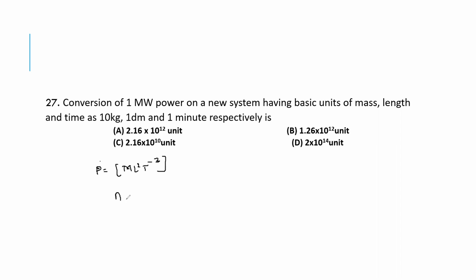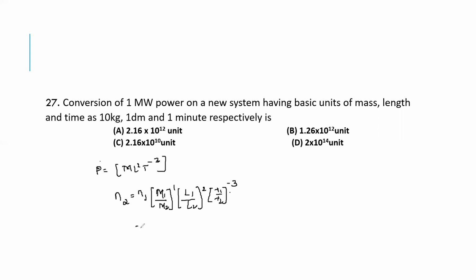Then the formula is n2 is equal to n1 into bracket M1 divided by M2 to the power of 1, and L1 divided by L2 to the power of 2, and then T1 divided by T2 to the power of minus 3. Okay, so now we can substitute M1, L1, T1 and M2, L2, T2 values.